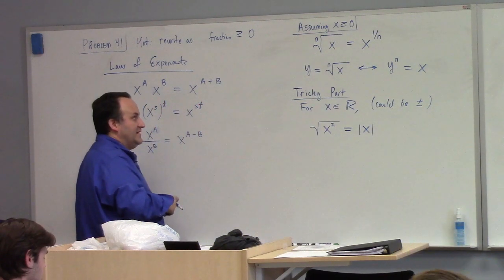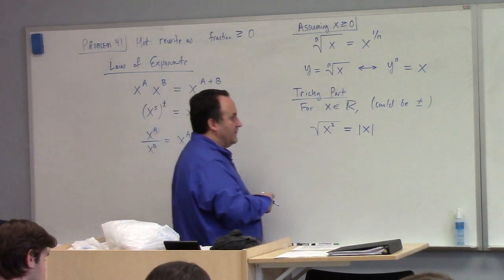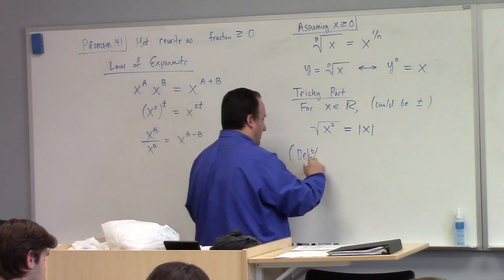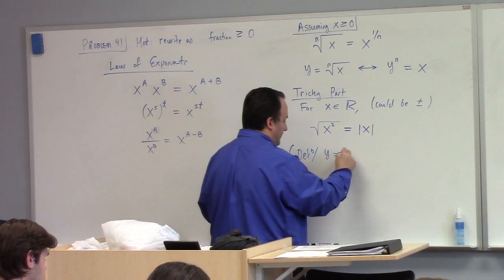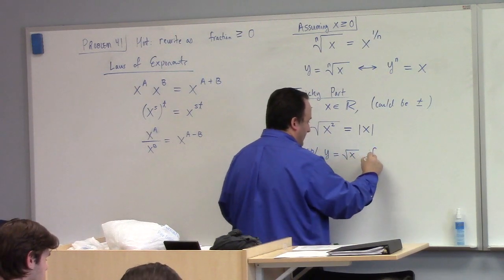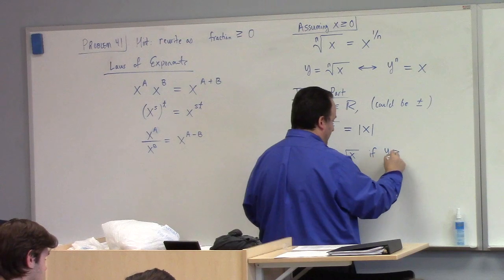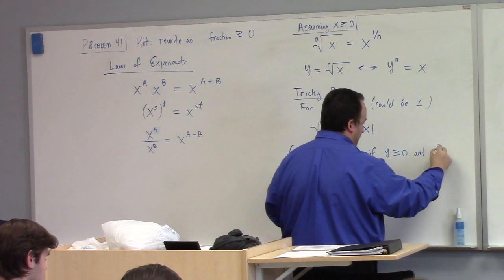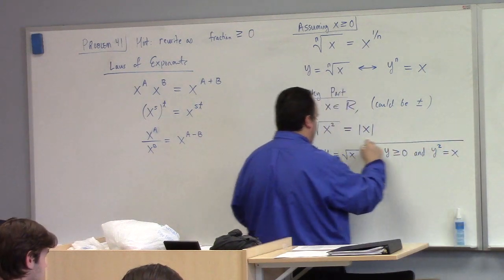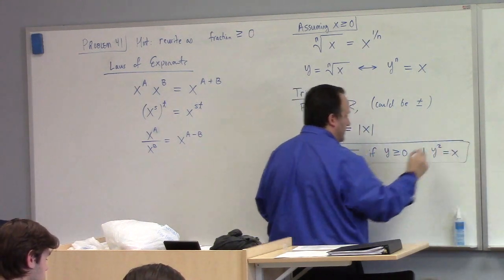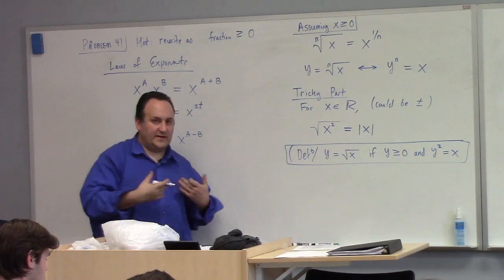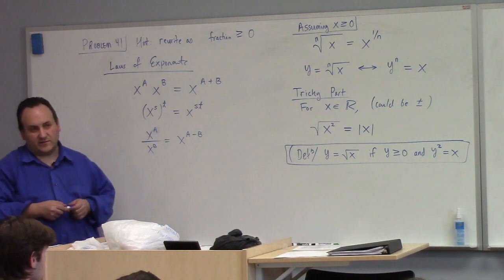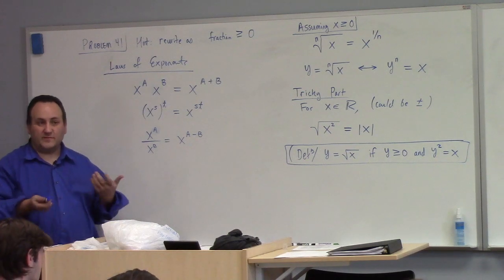By definition, y equals the square root of x if y is greater than or equal to 0 and y squared is equal to x. So by the very definition, the square root has to be non-negative. When you take the square root of a square, you have to have something that's either 0 or positive, which means I have to put the absolute value there.